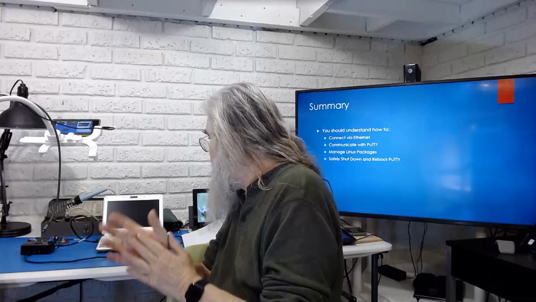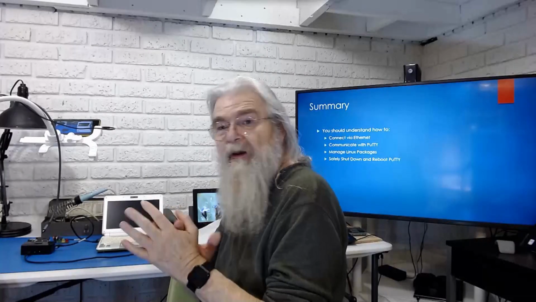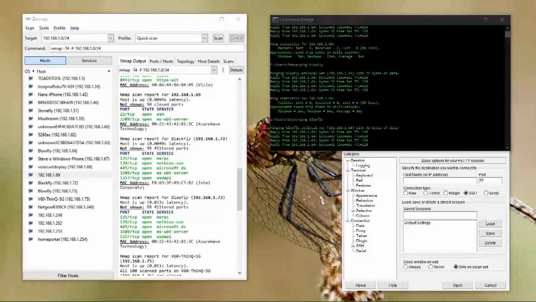So let's begin with the first exercise, which is attaching your Raspberry Pi to the LAN through a bridge connection. What you see here is a network computer.